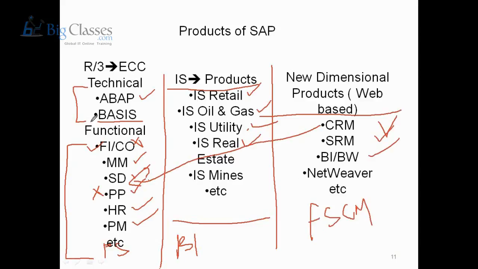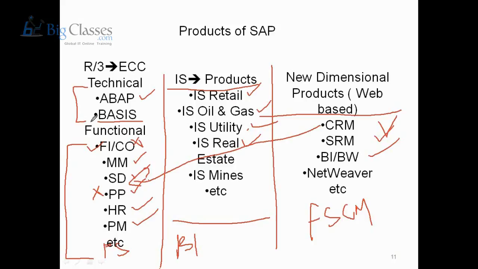I have one question. What is this BIBW? Lokesh, can you first answer this? BIBW is basically a data warehouse, business intelligence and business warehouse. When it comes to FICO or other modules, we can do reporting, but when the data becomes huge and we want to keep track of all the historical data, we use BIBW.